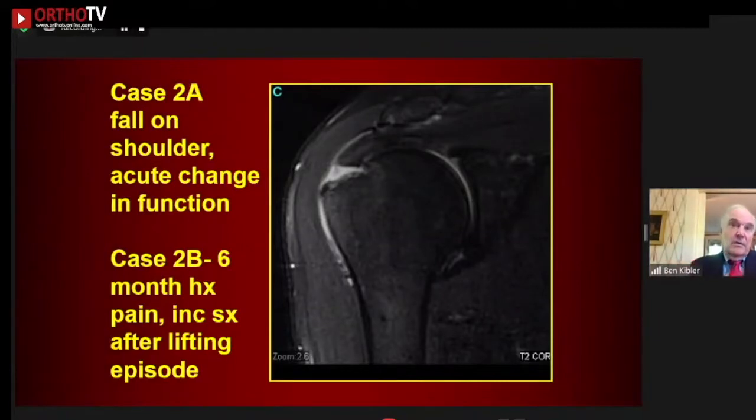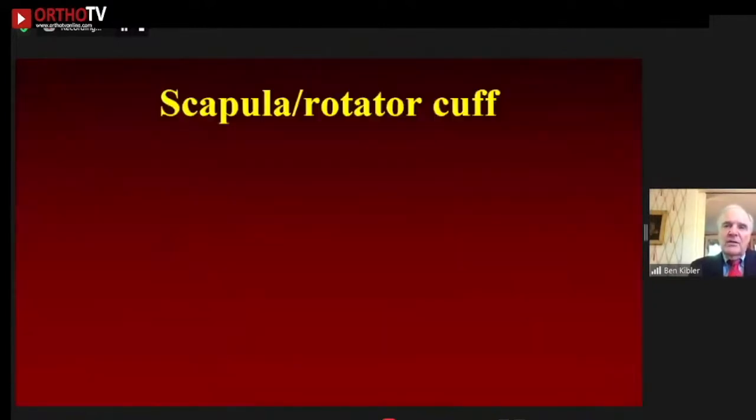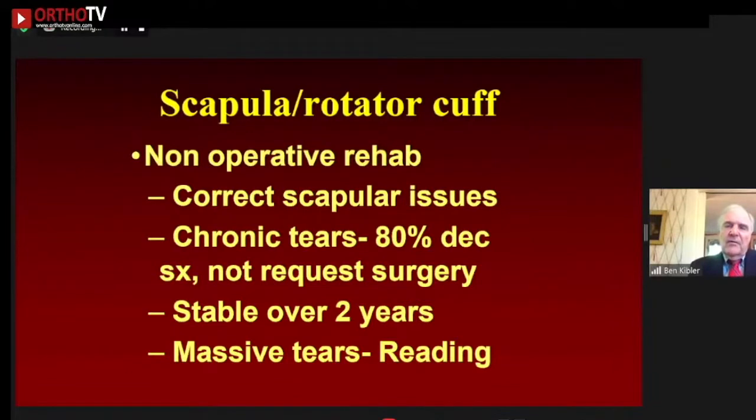Well, let's take another case of a rotator cuff injury. This is where, whether it's an acute injury or a chronic injury, they actually have rotator cuff disease. There are lots of patients who will do well with scapular-based rehabilitation, change their symptom pattern, and do not need surgery. Non-operative rehabilitation to correct scapular issues in chronic tears shows an 80% decrease in symptoms, and these patients do not need surgery.